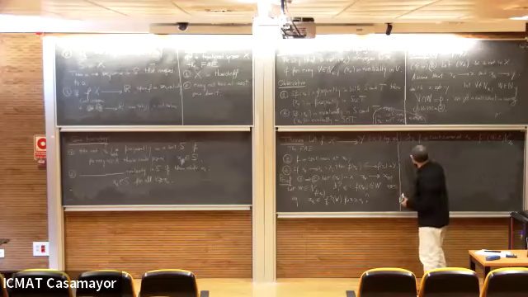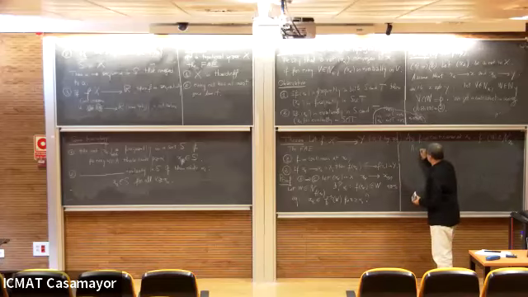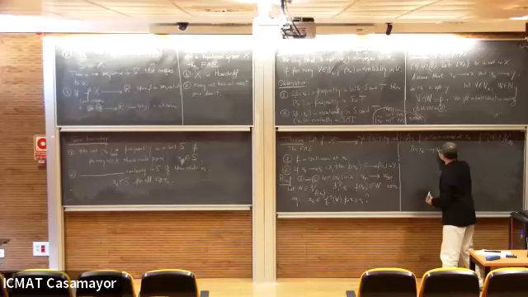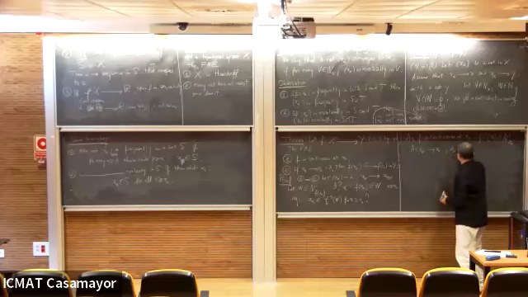And now, as x alpha converges to x0, alpha 0 exists.